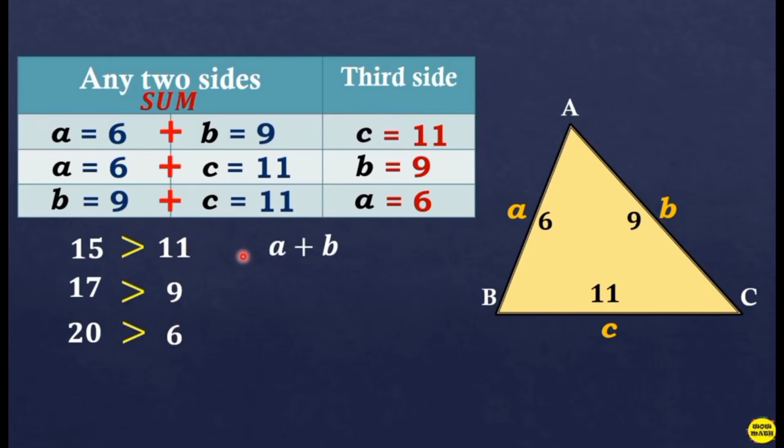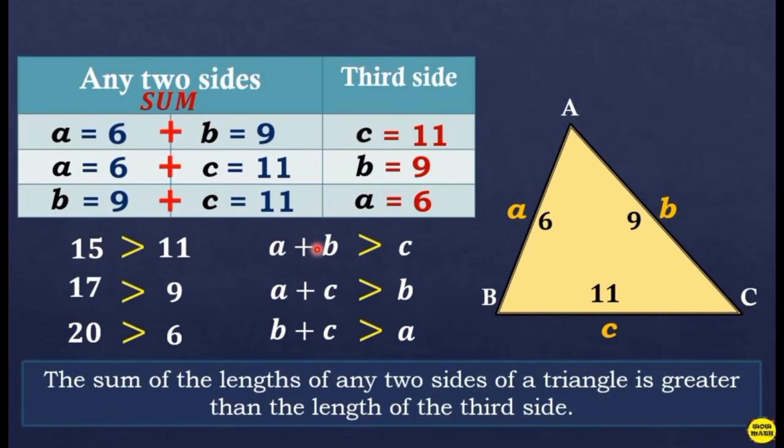So therefore, we can say that the sum of A and B, pag inadd natin siya, and then we will compare it to its third side, and then the sum of A plus C, i-compare natin siya sa kanyang third side, and then the sum of B plus C, at i-compare natin siya sa kanyang third side, kung mapapansin natin, that is always greater than the third side.